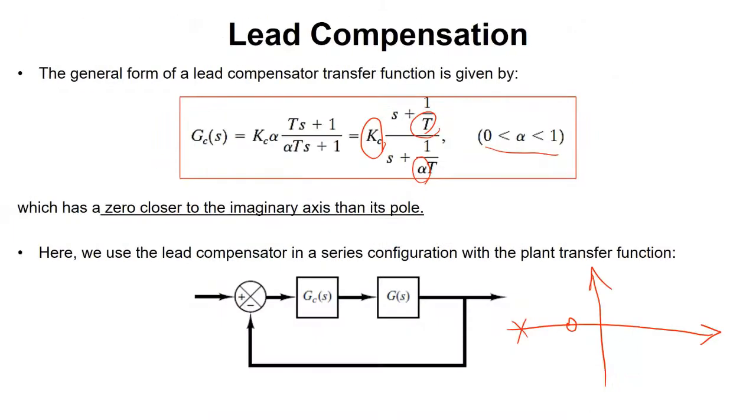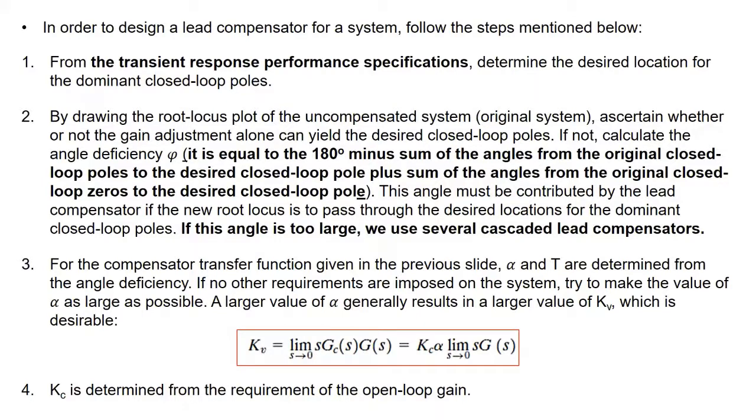So now going back, as I said, there are three parameters, K_C, T, and alpha, that we are going to find to provide these requirements, right? And in order to do that, we have to go through a process.